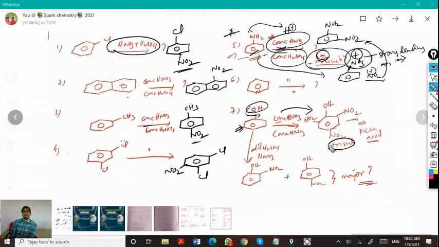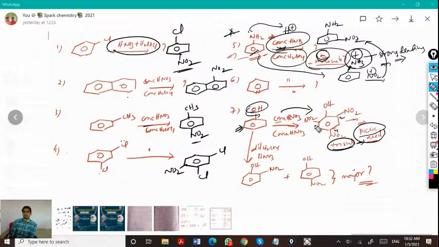It gives the tri-substituted phenol, 2,4,6-trinitrophenol, which is called picric acid. So when phenol is treated with the nitration mixture, it gives picric acid, trinitrophenol.